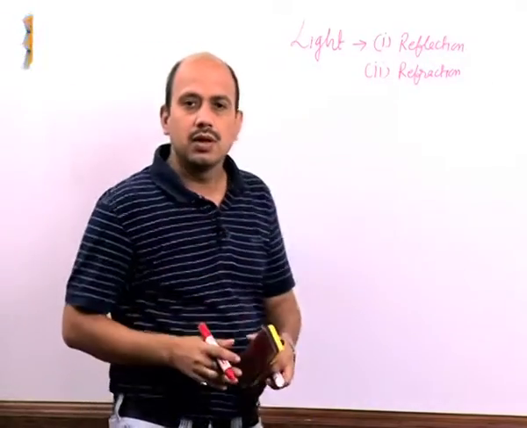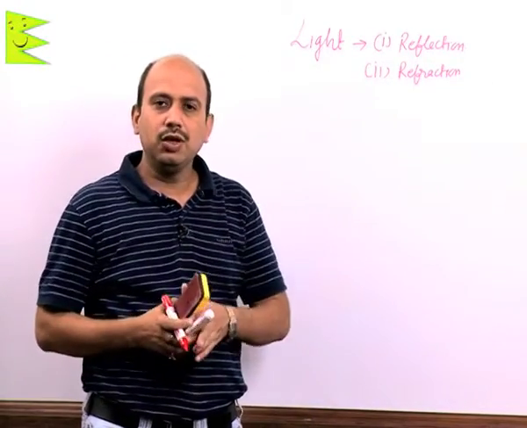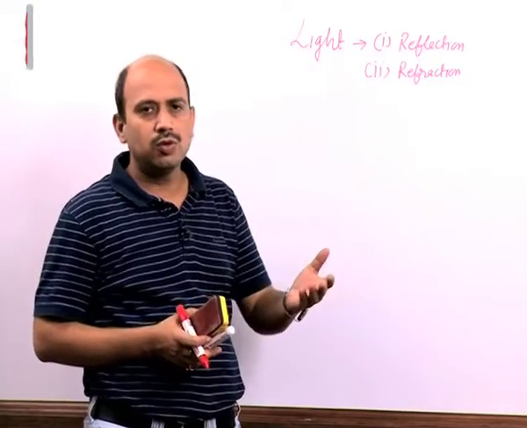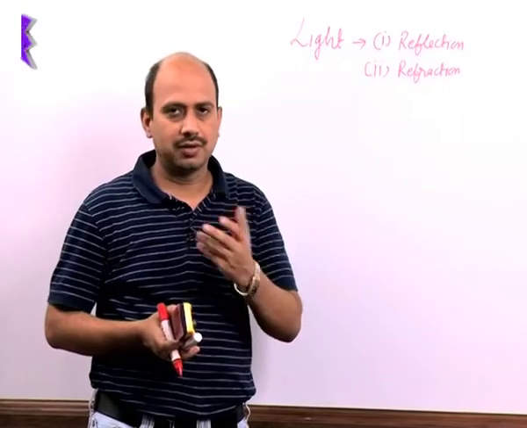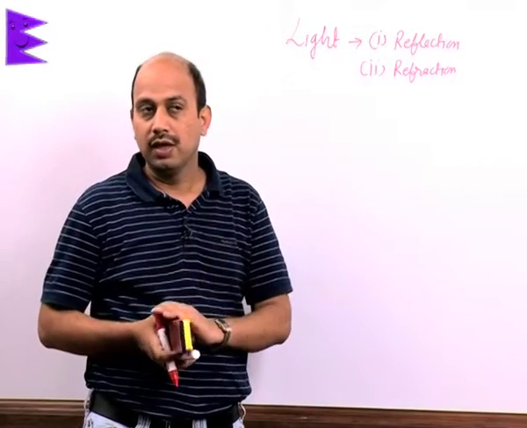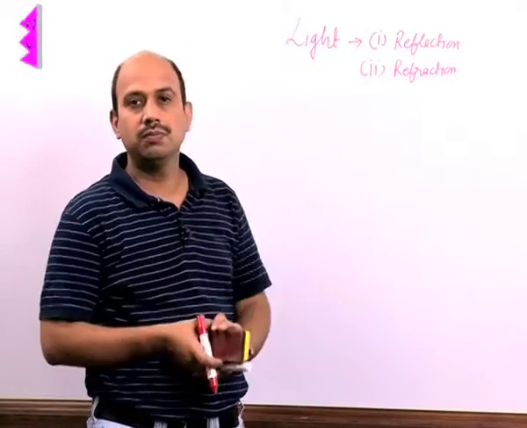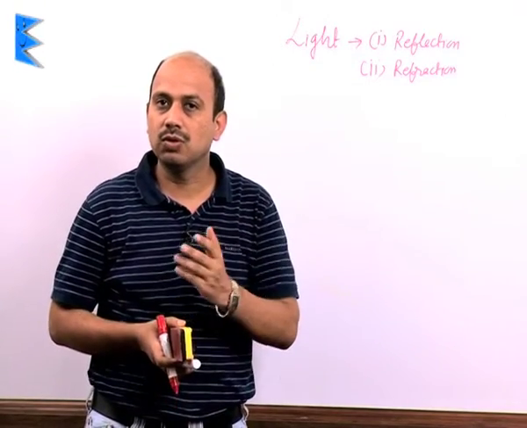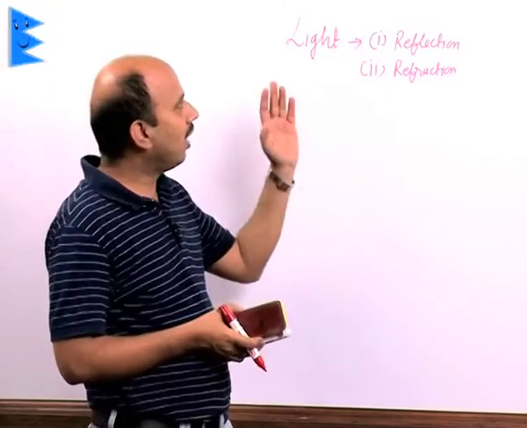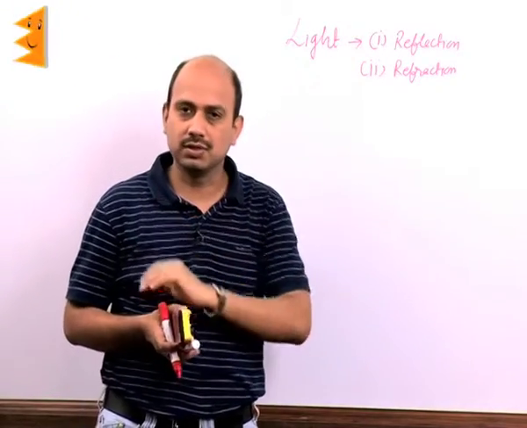Now, see, when we see any object, whether inside a room or outside, we can see it only due to light. As you know, if any object is kept in a dark room, you cannot see it. Why? Because there is no light. So, how does light make any object visible?